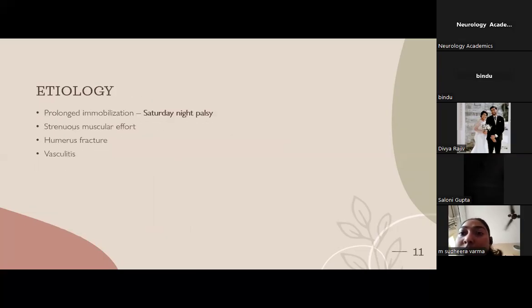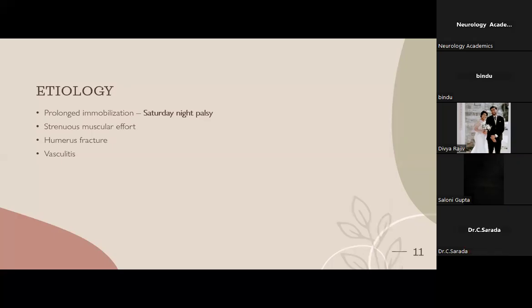Coming to etiology, at the spiral groove, one of the most common etiologies is prolonged immobilization. In Saturday night palsy, an intoxicated patient hangs the arm over a chair or a bench for a long time over the night, which results in compression of the radial nerve at the spiral groove.